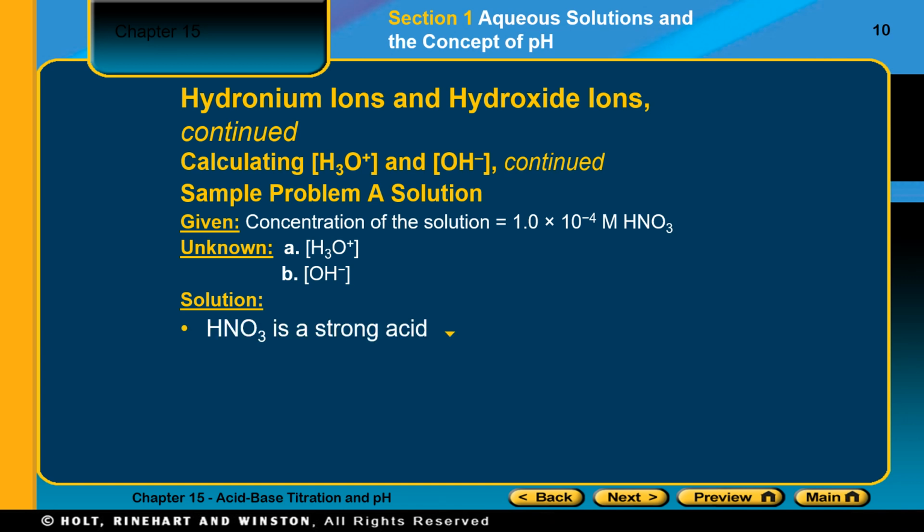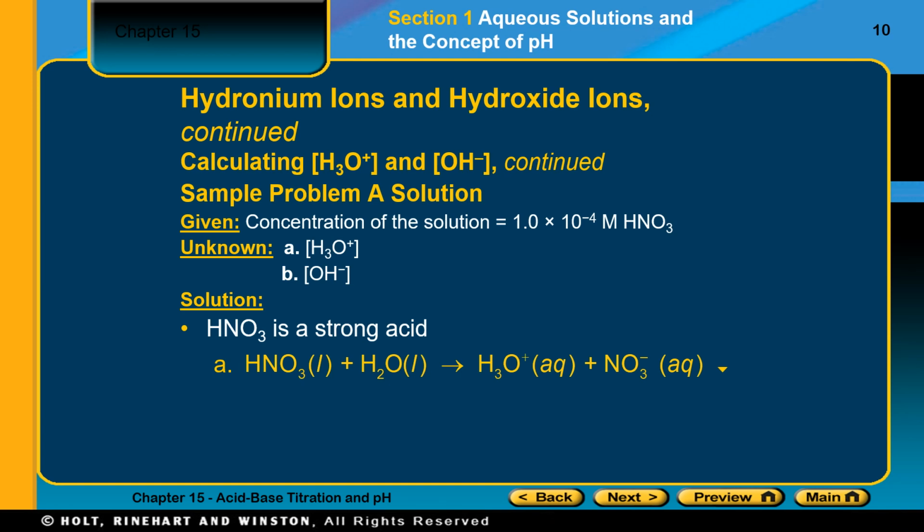So what's our solution? Well, we know that nitric acid is a strong acid, so it will completely ionize. And when it ionizes, here is the equation for the ionization of nitric acid. Notice that when it ionizes, it's essentially reacting with water.